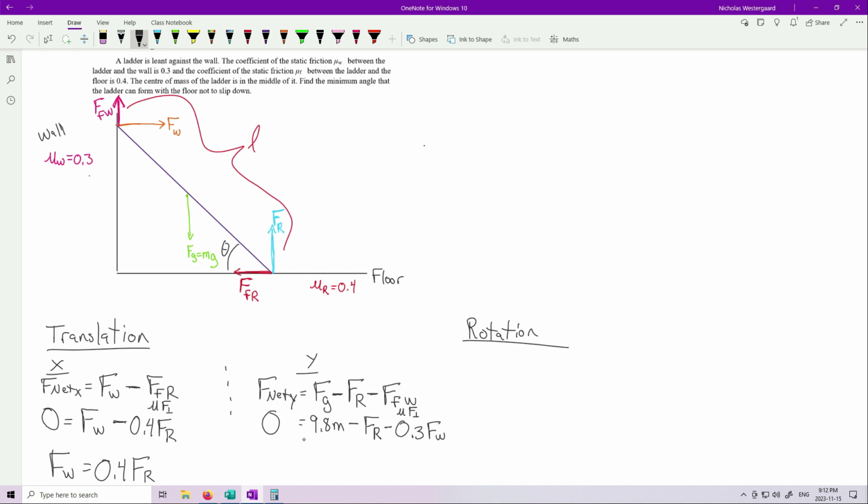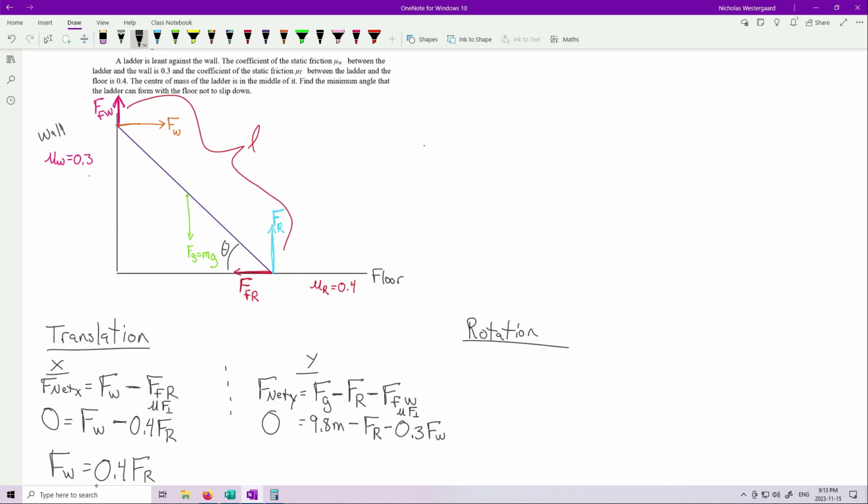Here we're starting to get somewhere, because we know the force wall is 0.4 Fr, and we'd be able to do some substitution here. We can get both of these in terms of Fr and solve for Fr, except we still have that unknown mass. It's not going to get us the force R. And actually, that doesn't get us anything with the angles that we're dealing with.